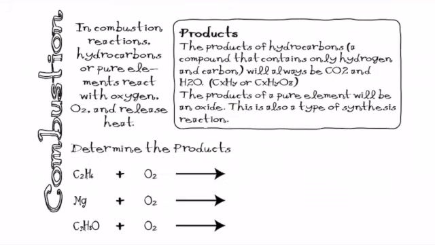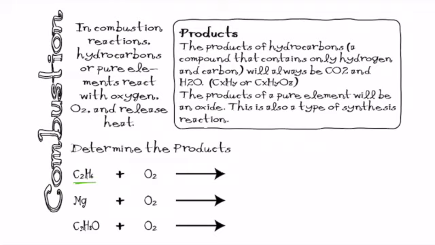In combustion reactions, hydrocarbons or pure elements react with oxygen and release heat. The products of a hydrocarbon combustion, that is a compound that contains only hydrogen and carbon, will always be CO2 and water. The products of a pure element will always be an oxide. So determine the products.